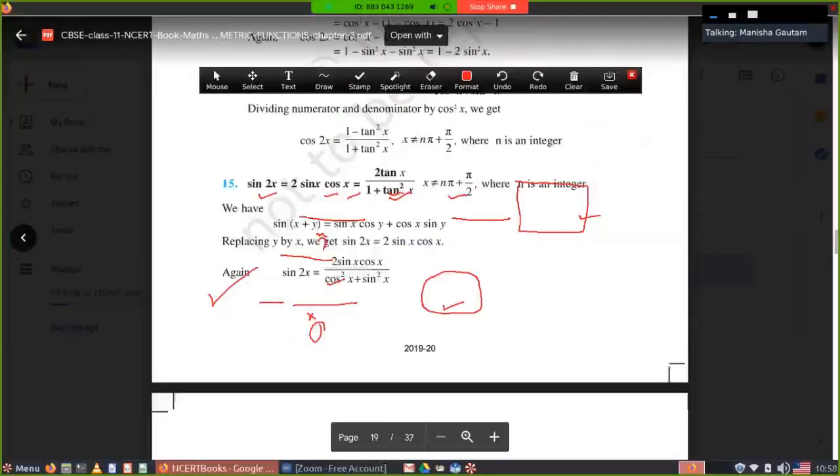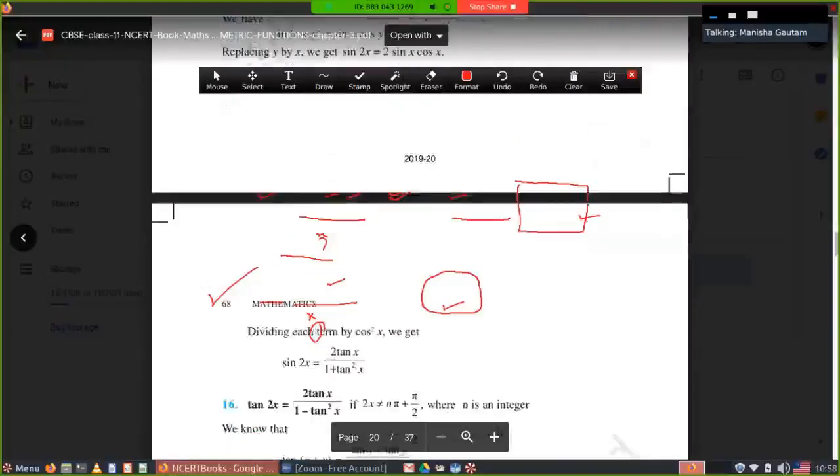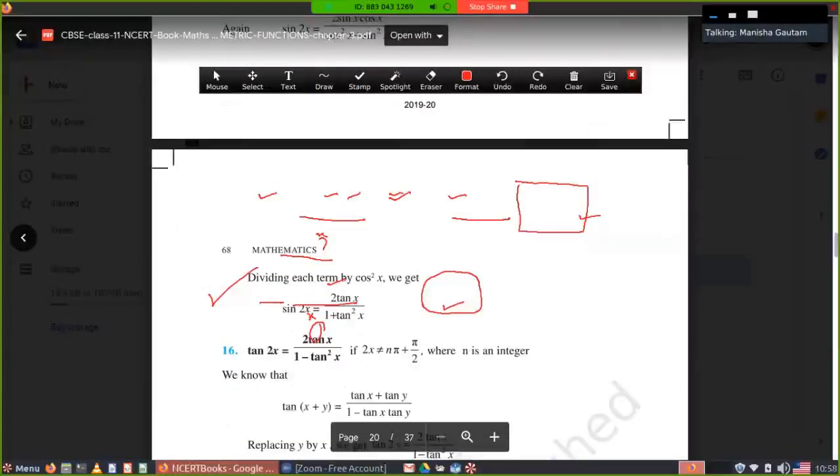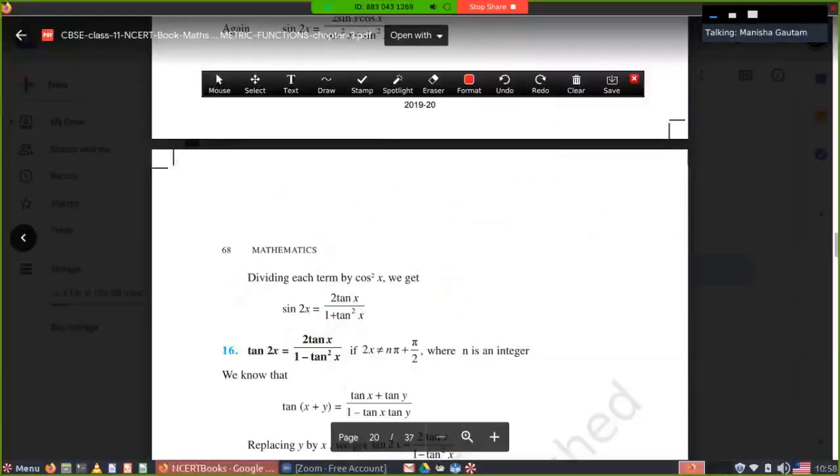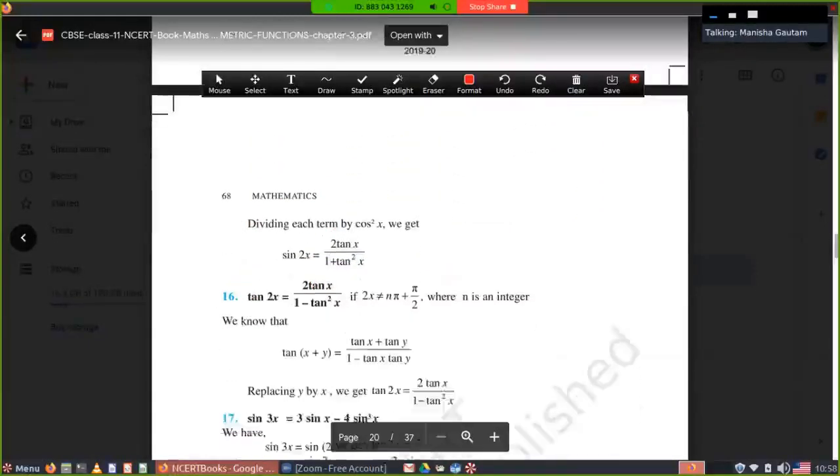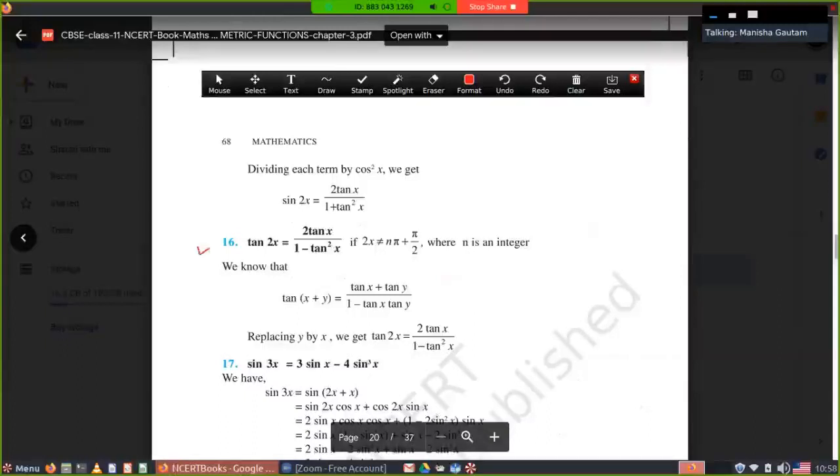Now come to identity number 16. Tangent 2x is equal to 2 tangent x upon 1 minus tangent square x. Again here 2x should not be equal to n pi plus pi by 2 because it makes the statement not defined.